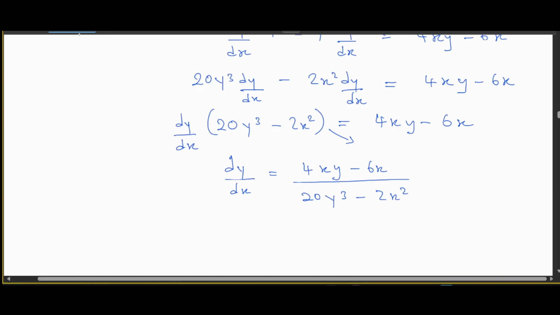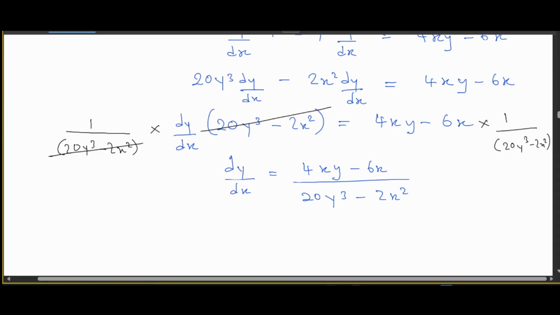Zviri kuitika panapa ndezvekuti tiri kuda kubvisa bracket iri kuside uku kuti kungosara kuna dy dx. Saka touya kuno kutoti times 1 over bracket 20y cubed minus 2x squared. Kuitira kuti aya mabracket aya achekane. Saka zvataita kuleft ndo zvatinoita kunoku, 4xy minus 6x times 1 over 20y cubed minus 2x squared, which is simply 4xy minus 6x over 20y cubed minus 2x squared.